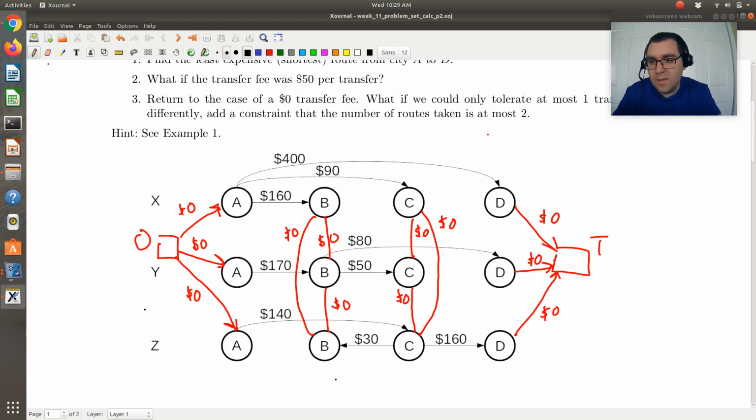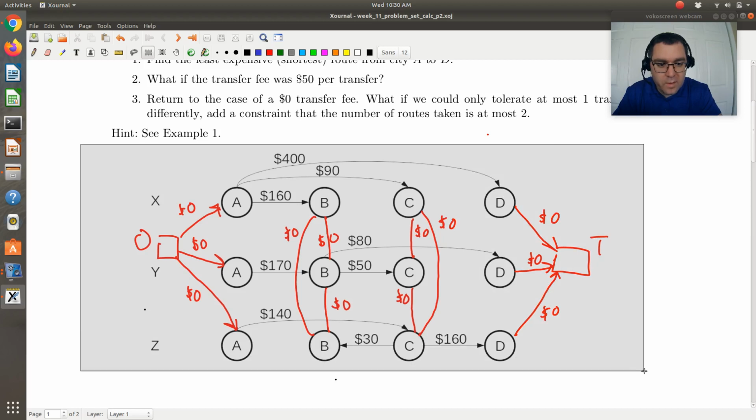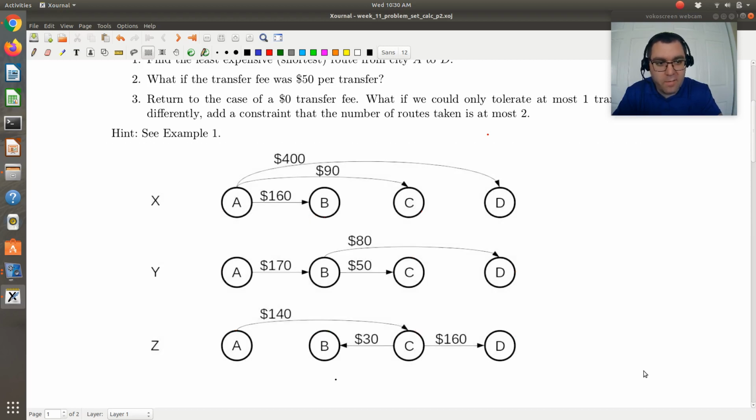So what we did in that case was we essentially consolidated our network to have a single node A, B, and C. And when we had multiple flights on the different airlines from a given origin to a given destination, we consolidated them.